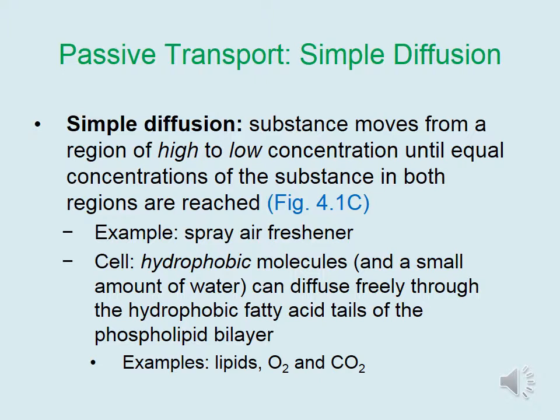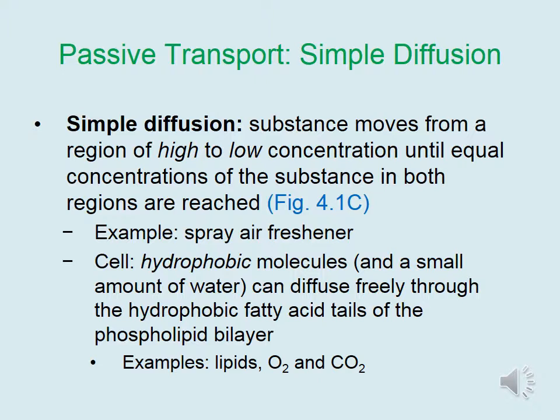Why? This is because where you initially spray the air freshener now has a high concentration of the air freshener. Across the room has a low concentration. So via simple diffusion, the air freshener will diffuse from a concentration where it's high, where it was initially sprayed, to a lower concentration across the room.